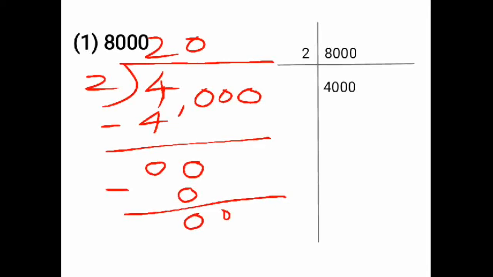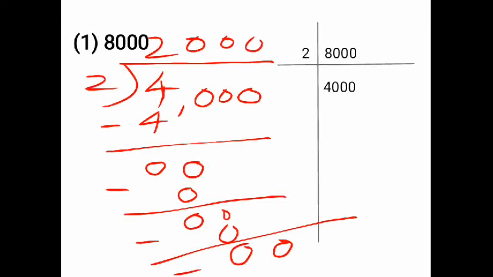Second 0 bring down. 2 zeros are 0. 0 minus 0 is 0. Last 0 bring it down. 2 zeros are 0.